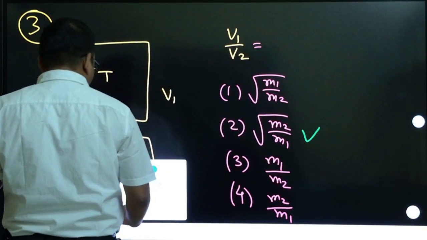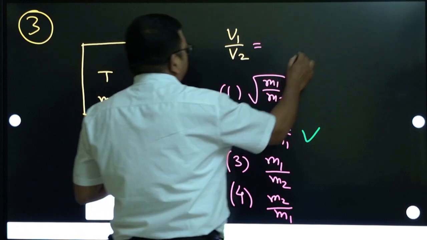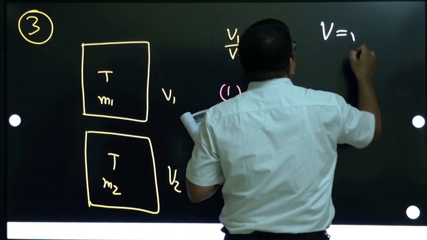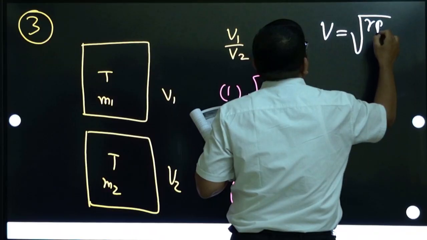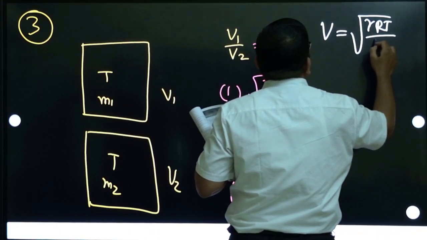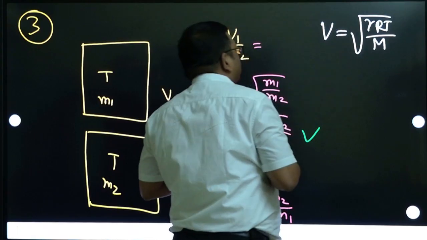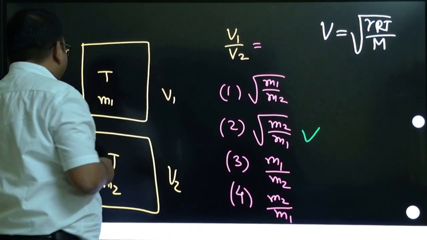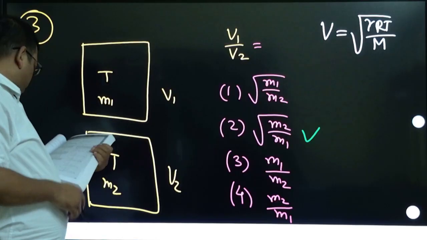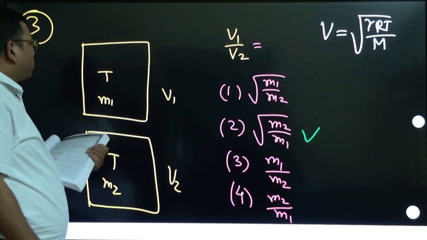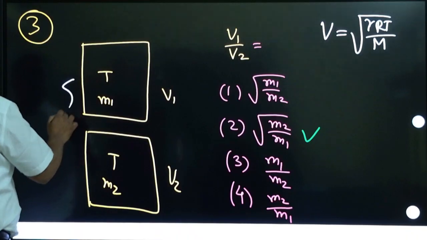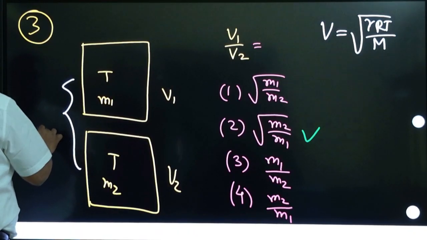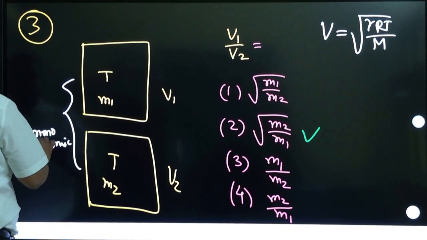So the velocity of sound formula is root under gamma RT by M, the molecular mass. The temperature is the same. What about gamma? Both the gases are monatomic, so gamma is also the same.